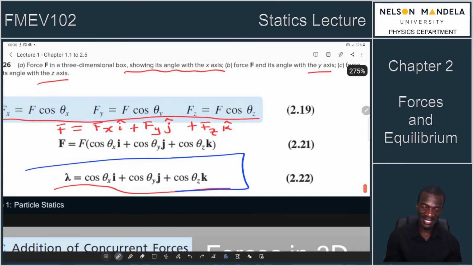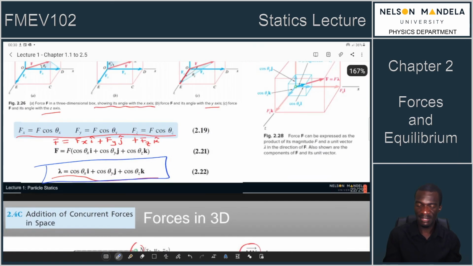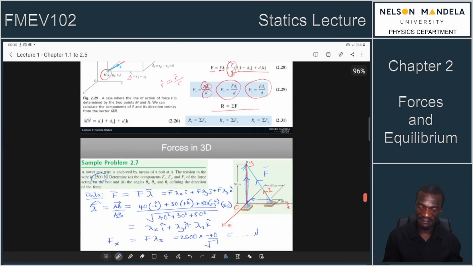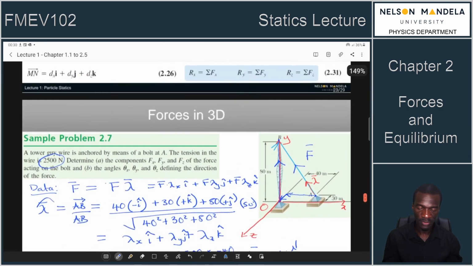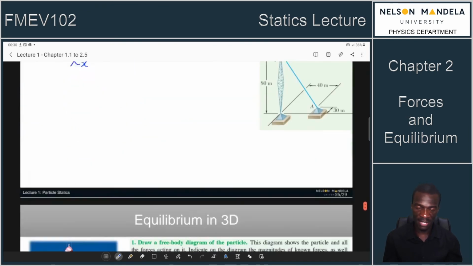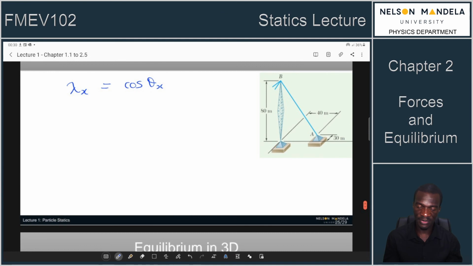There's your lambda. So that's it. That's where it all starts. It's just a directional vector definition. That's where we take the notch a little bit higher from your FVV 101. Okay, so then you can finish off problem 2.7 and you can then check with the textbook.